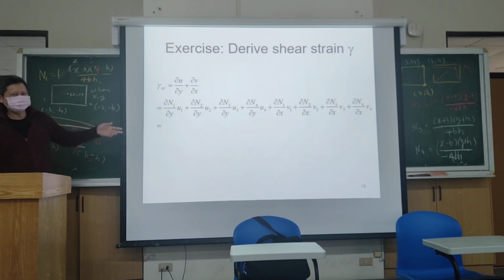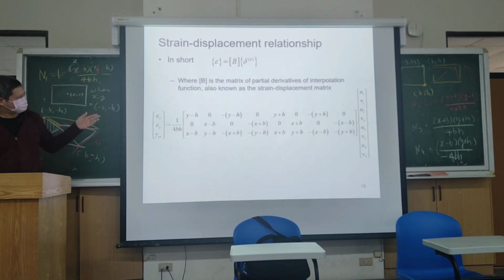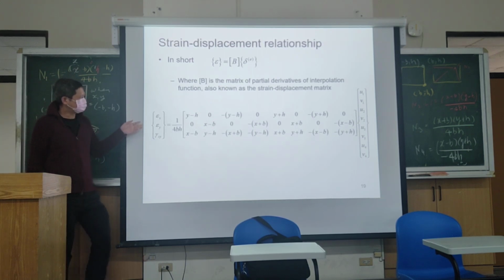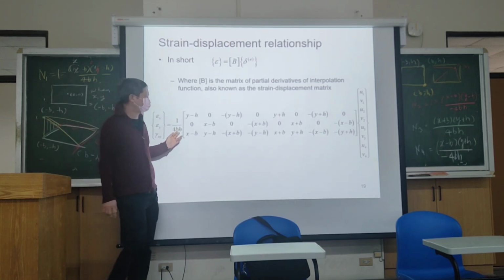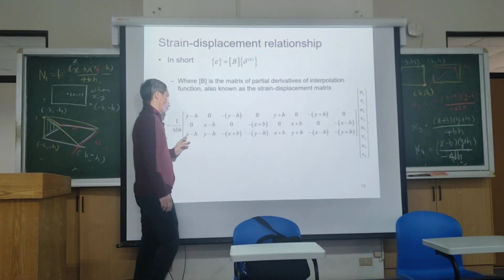Yeah, the previous one I leave for you. Okay, I only derive the simple one. Okay, in short, your shape function, after taking the derivative, now you have the B matrix expressed purely in terms of this expression.